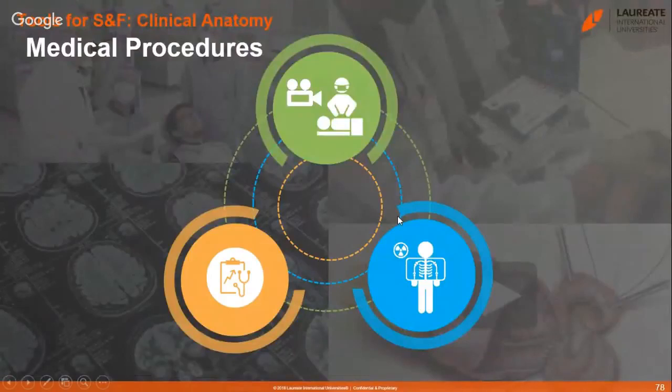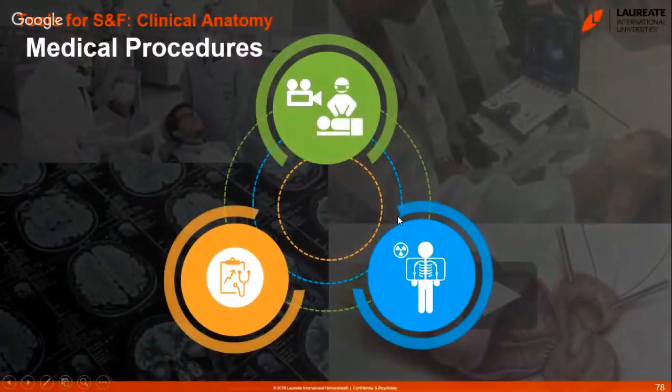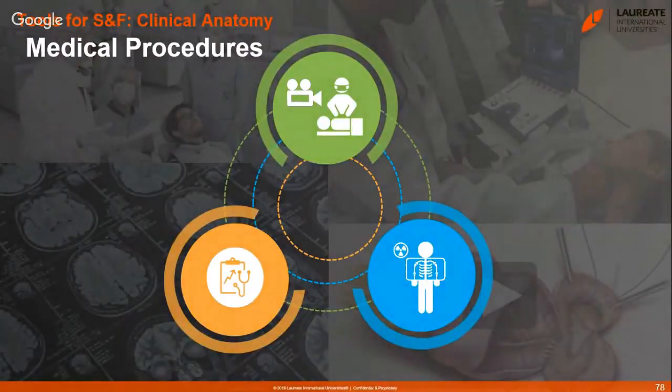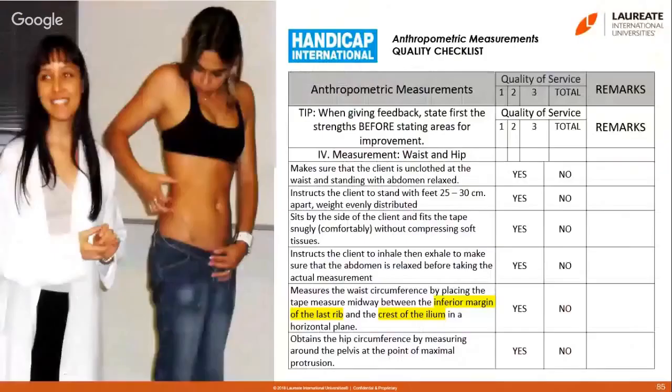Medical procedures can also be useful. We have here an example of it. This is an anthropometric measurement. Of course, we are not going to teach the anthropometric measurements in structure and function, but we can use this checklist for bringing reality and meaning to our classes.